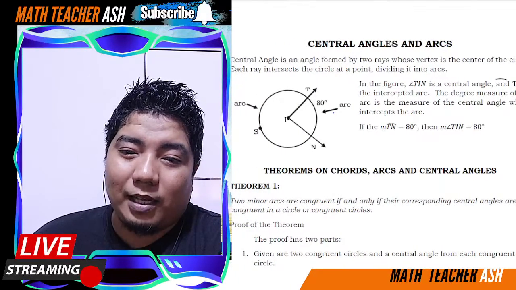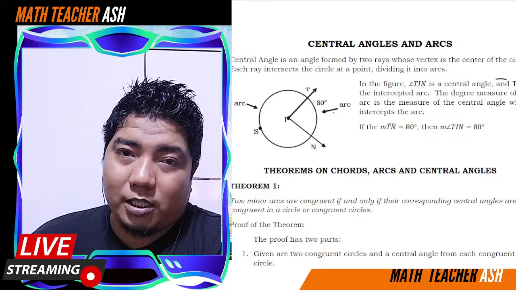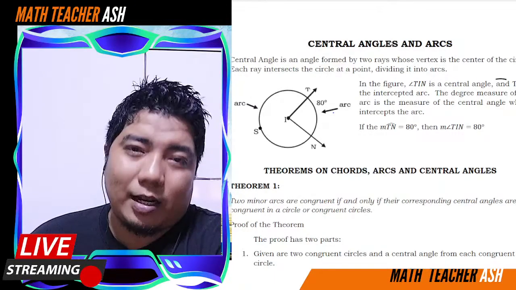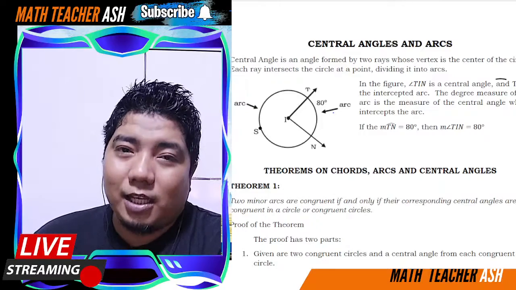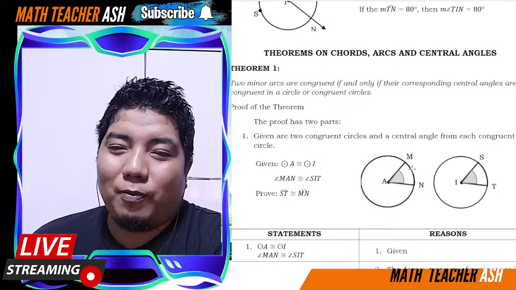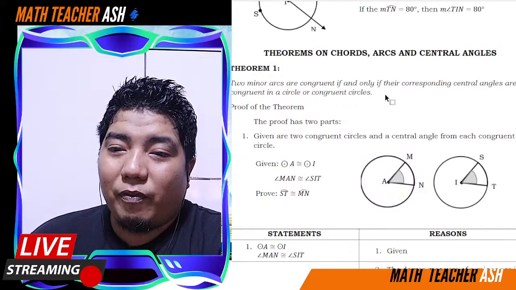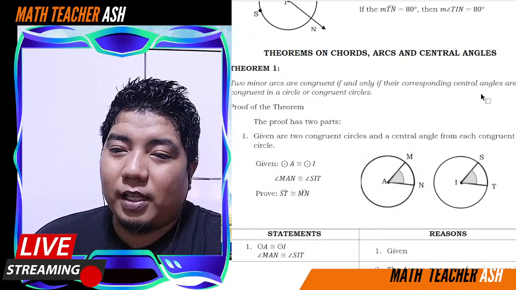So sa madaling salita, the intercepted arc is just equal as the central angle, and the central angle is just as equal as the intercepted arc.